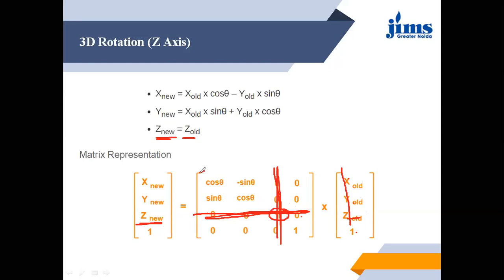And you can see from here that this is for the x, this is for the y, this is for the x, and this is for the y. So the same rotation matrix we are writing in x and y, and you can see from here that to calculate the new values of the x and y coordinates, we have to use the 2D matrix values, that is cos theta, minus sin theta, sin theta, and cos theta.